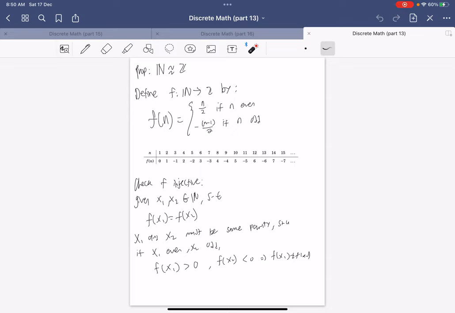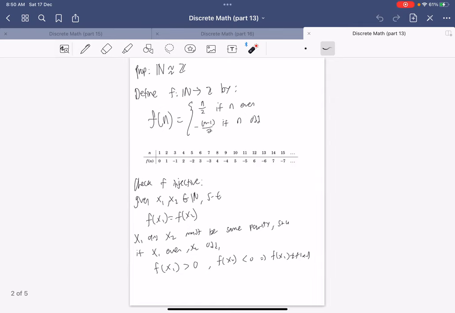While it seems like the integers have double the amount of the natural numbers because they have both positive and negative, they're actually equal in size because you can just extend them to infinity, and every element in N can be mapped to a specific element in Z. So you can define the function as follows. If n is even, you divide it by 2. And if n is odd, you subtract 1, divide by 2, then take the negative of it. The picture is over here.